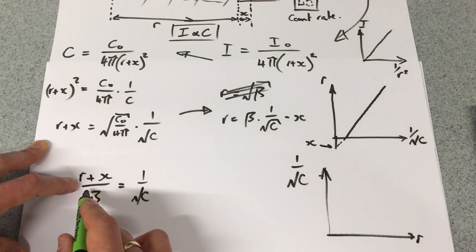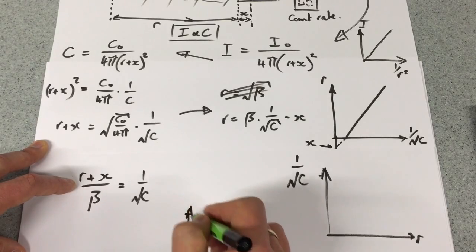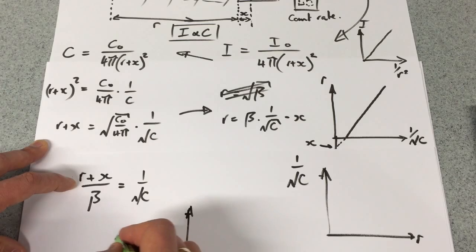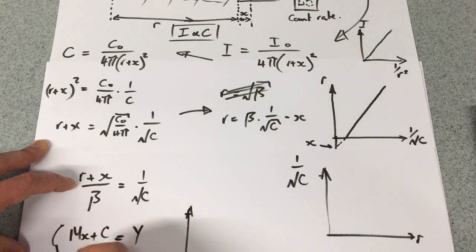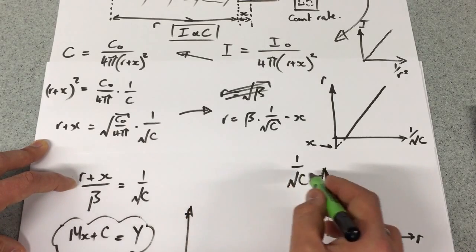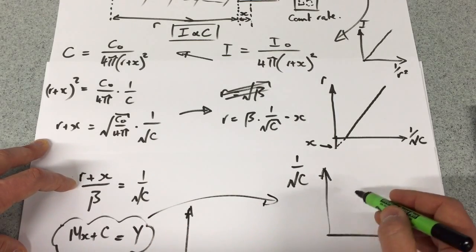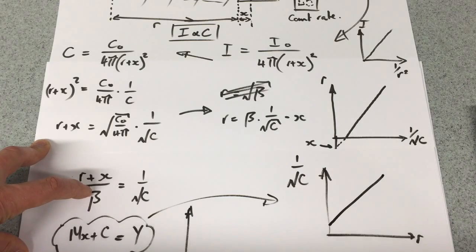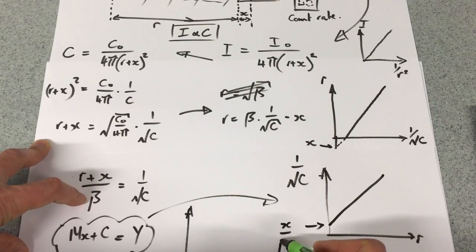So therefore, if I plot, let's do this y equals mx plus c just to bear that in mind. If I plotted 1 over the root of the count rate like I have there, I would probably get a line in which the intercept here would be x over this constant.